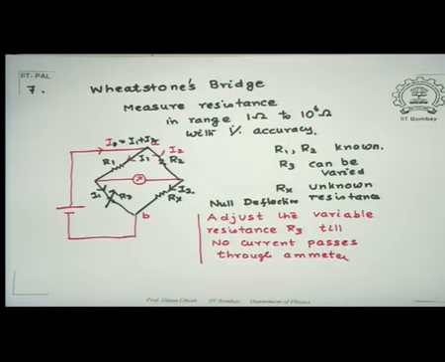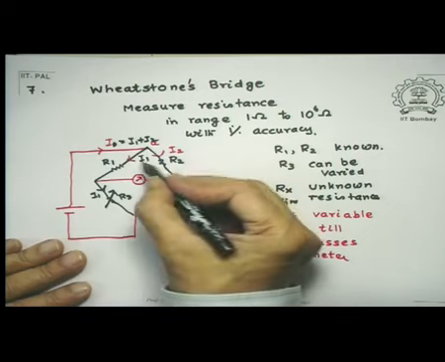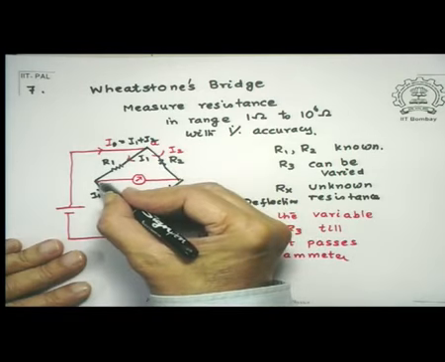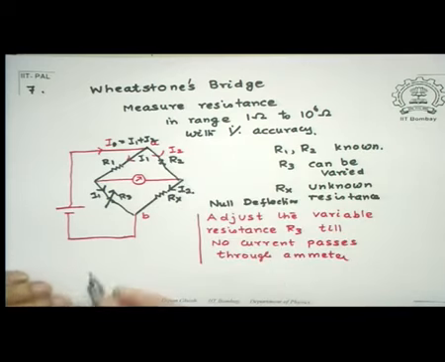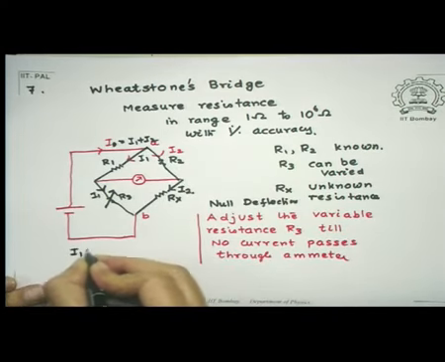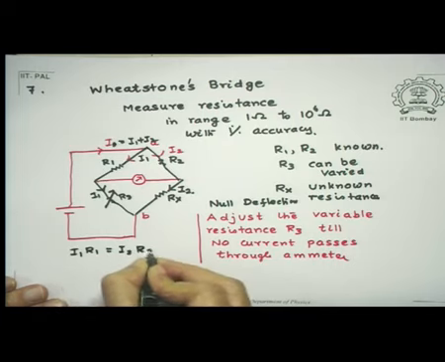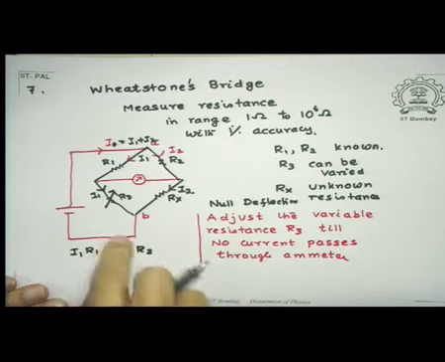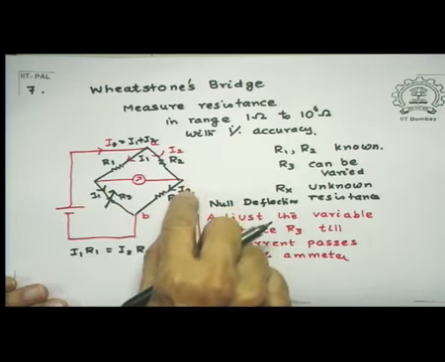So if you now look at this circuit, so you notice I1R1 minus I2R2 equals 0. So I1R1 equal to I2R2. Then I1R3 minus I2Rx equals 0.